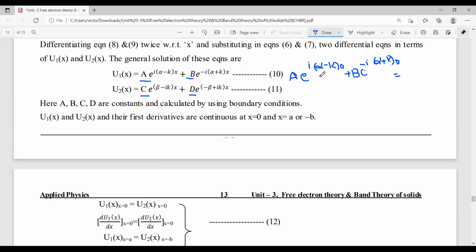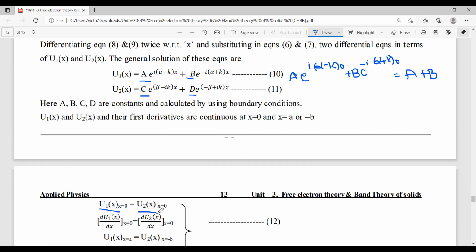Here x is taken as 0. Zero into something is 0, and e power 0 is 1, since anything power 0 is 1. Then this term becomes a, and similarly the second term becomes b. So u1 of x at x equal to 0 gives a plus b.